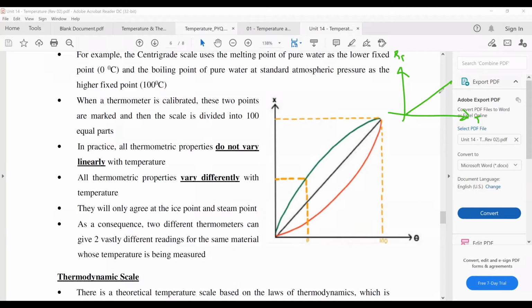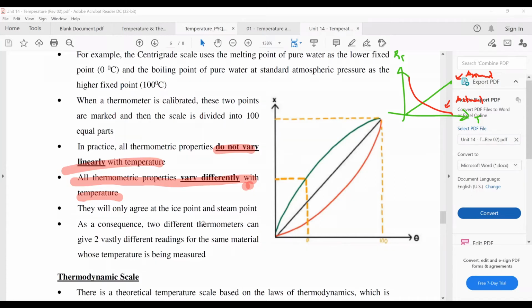The actual case is that it varies like this. This one was the assumed relation, but this is the actual relation. So we only assume that thermometric property is varying linearly with temperature. In fact, it actually doesn't. It's because of this fact that you will have a problem later on.